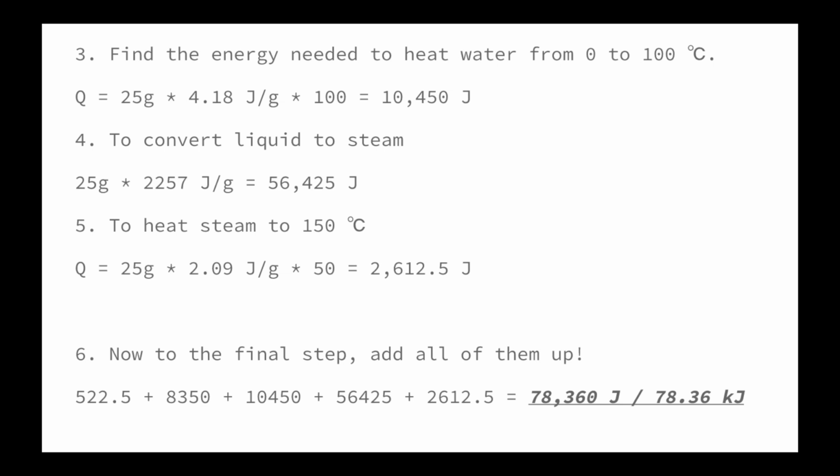Finally, we must sum the individual energies. 522.5 plus 8,350 plus 10,450 plus 56,425 plus 2,612.5. This equals 78,360 joules, or 78.36 kilojoules. And this is the amount of heat required to change 25 grams of negative 10 degrees Celsius ice into 150 degrees Celsius steam.